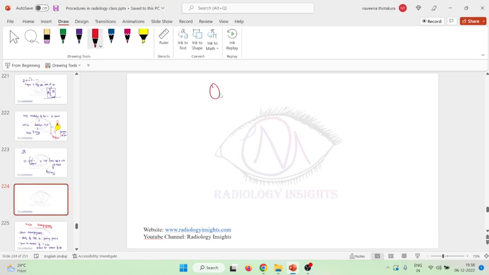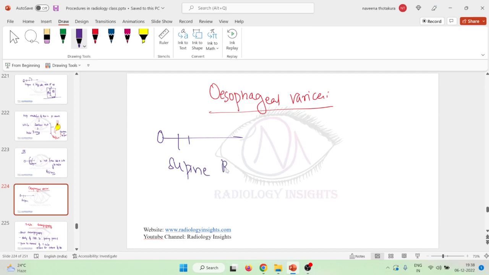Next we have esophageal varices. How are we going to diagnose esophageal varices in the barium swallow? In esophageal varices, you have to ask the patient to keep in supine position, and right side should be up.